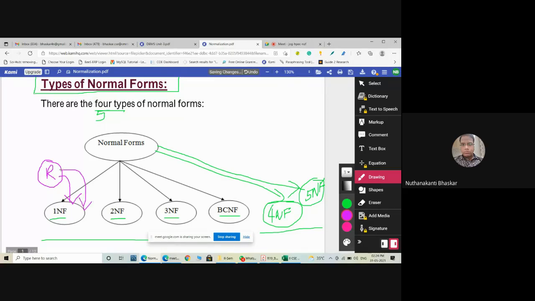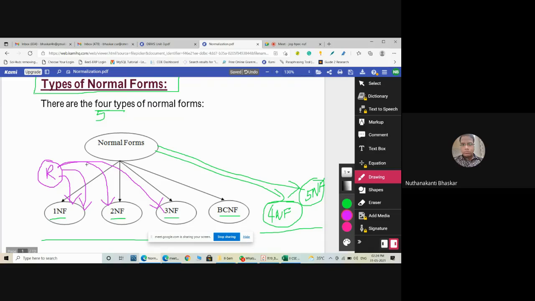If it is in first normal form, then check whether it is in second normal form or not. If it is in second normal form, then you go for third normal form. If it is not in second normal form, then apply the second normal form and check the third normal form.